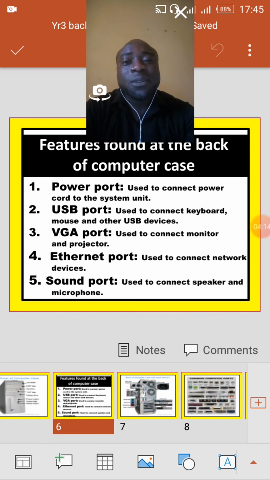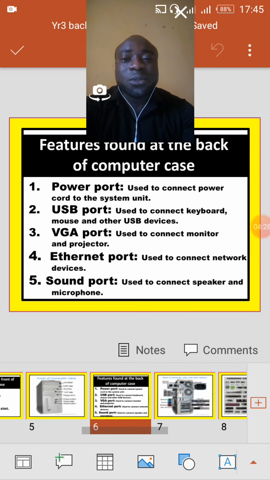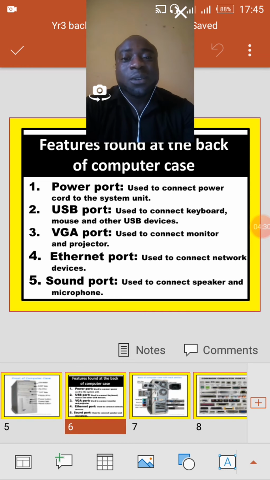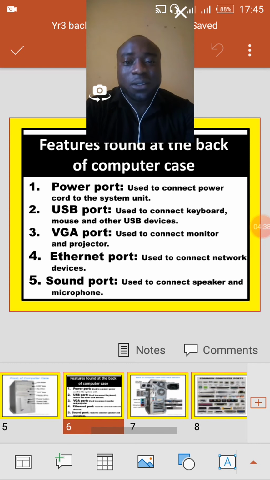The power port is used to connect the power cord to the system unit. That is, to get electricity into the system, we need a power cord, and that power cord is connected to the power port. The USB port is used to connect keyboard, mouse, and other USB devices to the system unit.